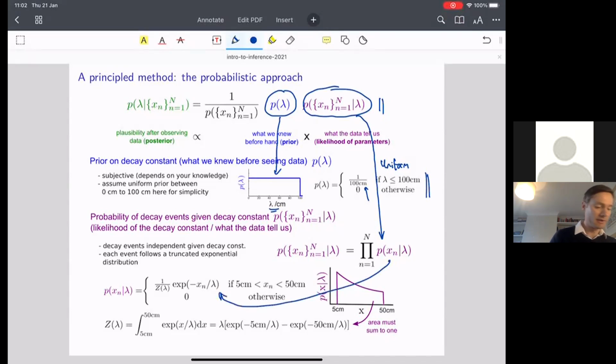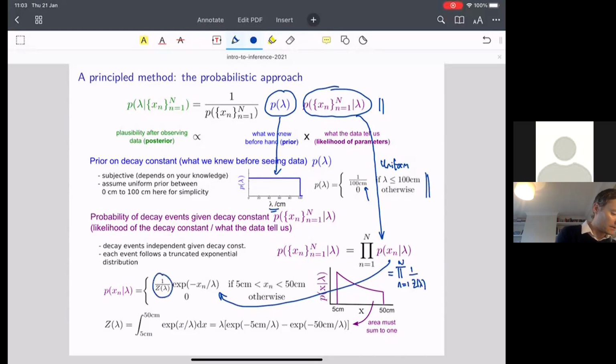And this thing, of course, is written down here. It's 0 if the decay events take place outside of the detector. There's 0 probability of that happening. And then for those that do take place inside the detector, the ones we actually get to see, they're just given by this exponential distribution. So this thing will become equal to a product from n equals 1 to N of 1 over Z of lambda.